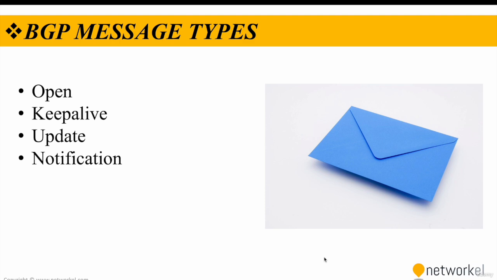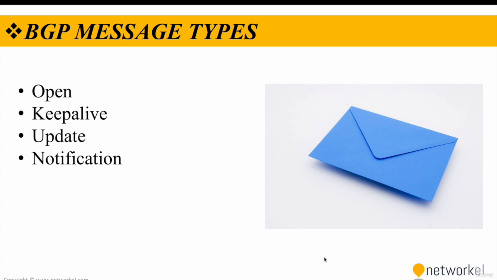And we have the BGP message types. They are very much essential for establishing and maintaining BGP sessions between routers. So there are four different message types. Open initiates a BGP session and establishes parameters like BGP version, AS number, and hold time, and it contains information to establish the BGP connection and negotiate session parameters.